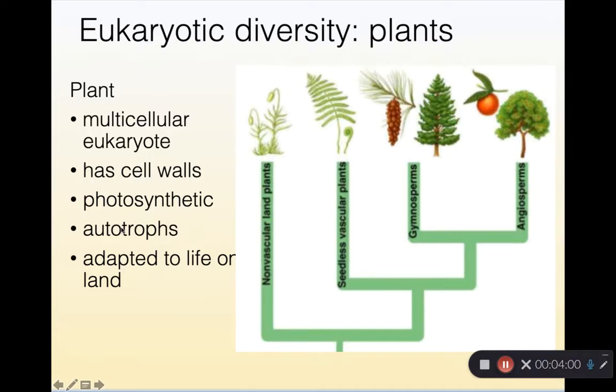And they're adapted to life on land. We also talked about the organization of plants, specifically going from non-vascular to vascular plants, and then the development of seeds that lead into gymnosperms and angiosperms.